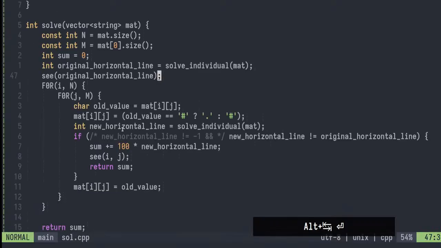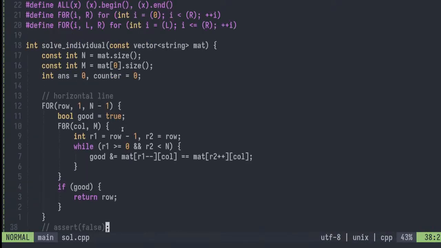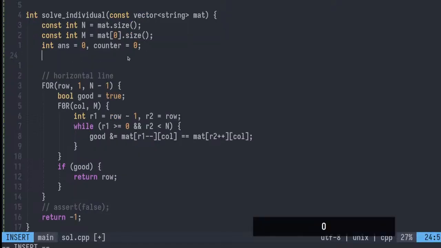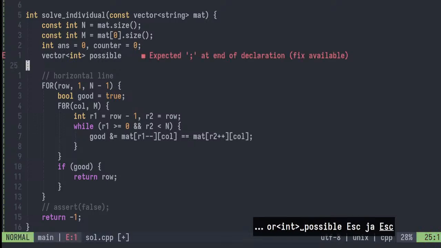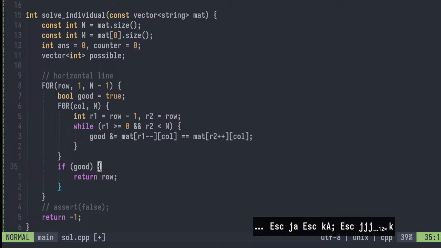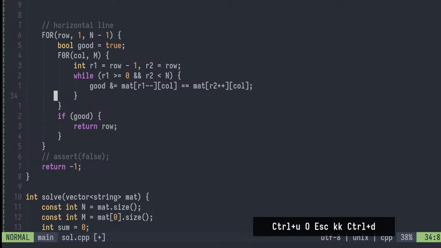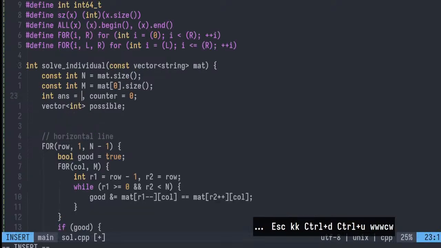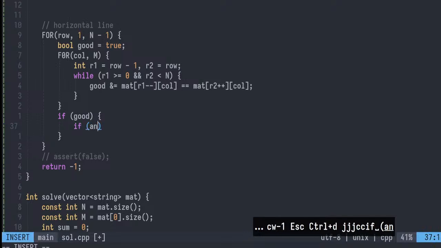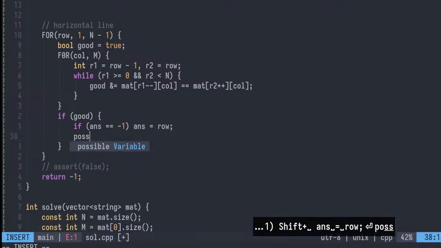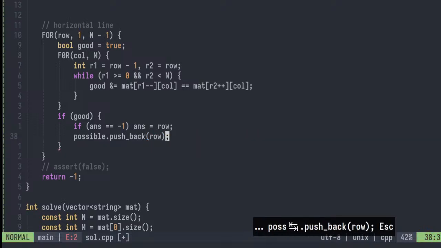One more thing I wanted to check is, what if there are multiple of these? So let's say possible are the things that we are looking at. You can return, let's say, I'm not using my answer here, right? So -1. If answer is -1, then answer is row, and possible dot pushback row.